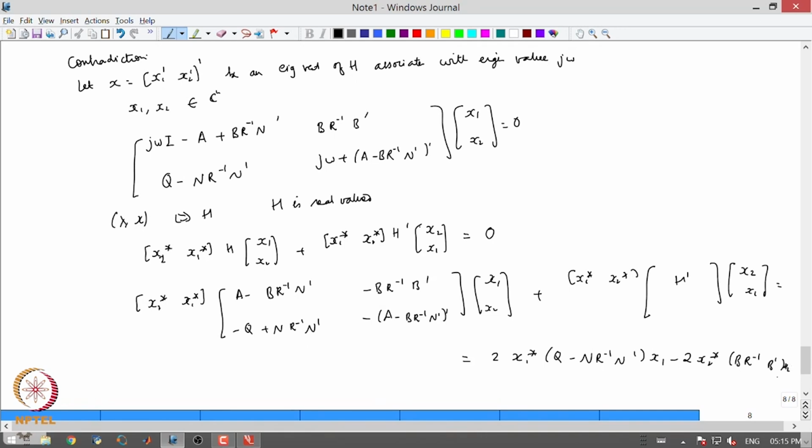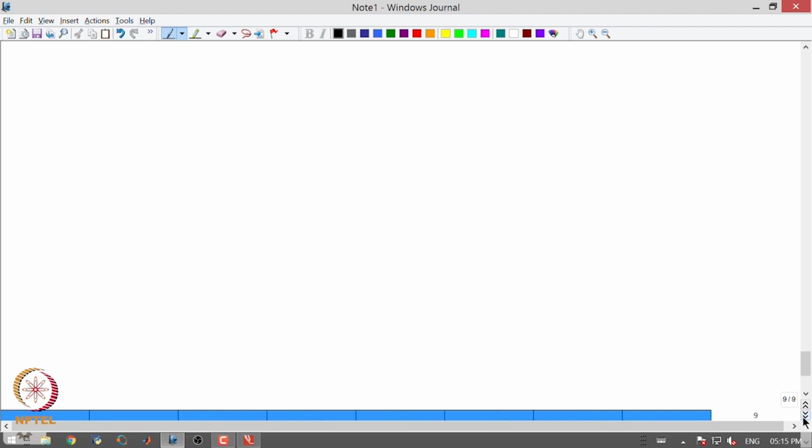If this should be equal to 0, what do we conclude? (Q minus N R inverse N transpose) x1 should be equal to 0, and also B prime x2 should be equal to 0.